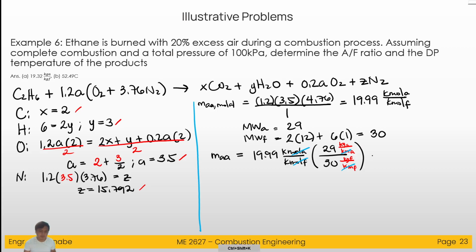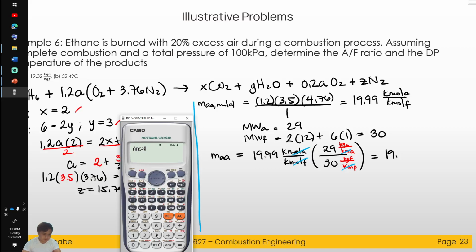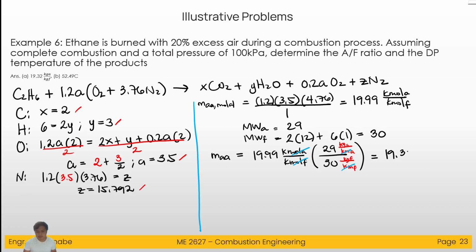So you have kilogram of air per kilogram of fuel, which is 19.33 kilogram of air over kilogram of fuel.